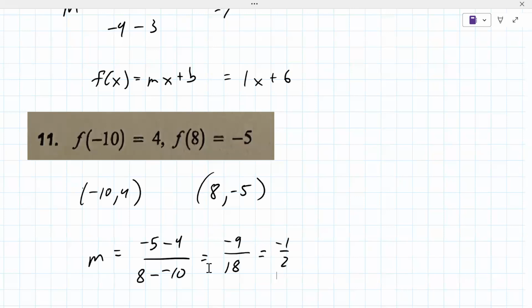Okay, so number 12. 6 minus 6 is 0. So the slope is 0.